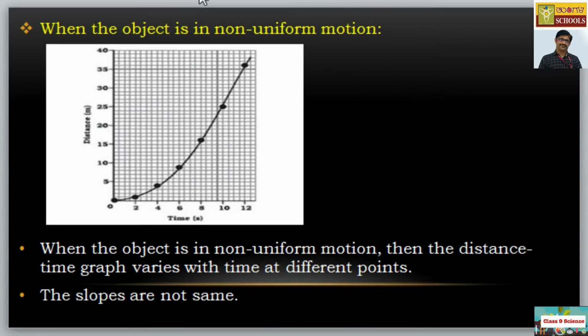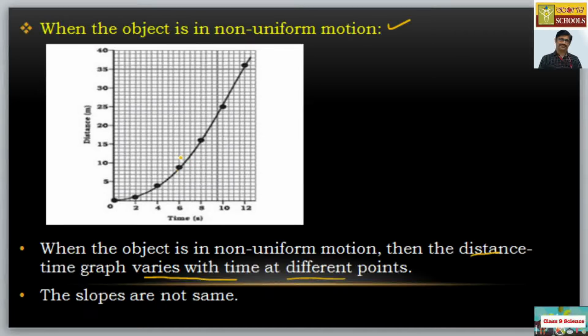The next part, that is when the object is in non-uniform motion. When the object is in non-uniform motion, then the distance time graph varies with time at different points. It is varying differently at this point, this point, this point, and so on.